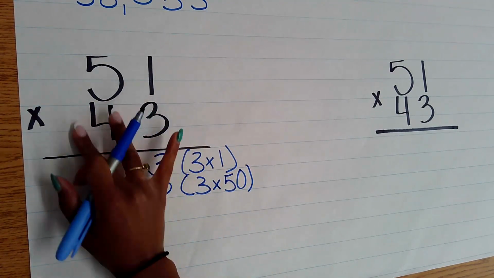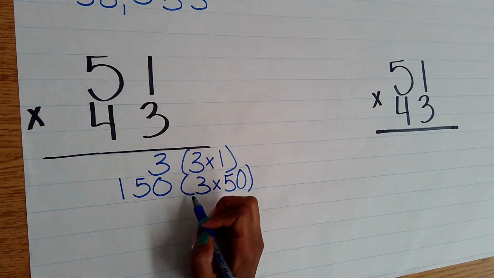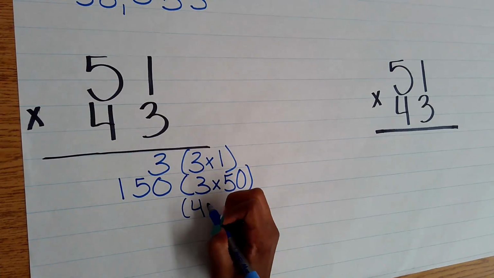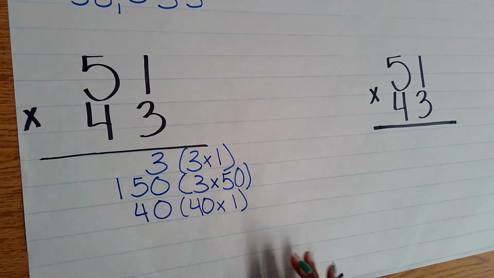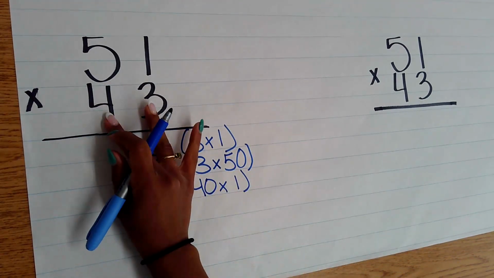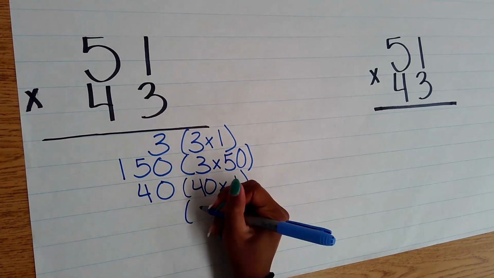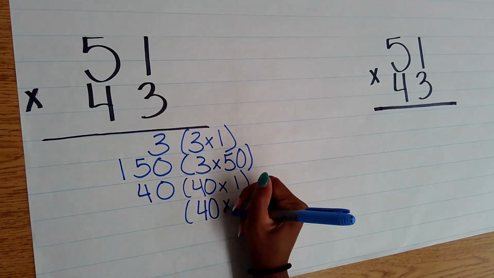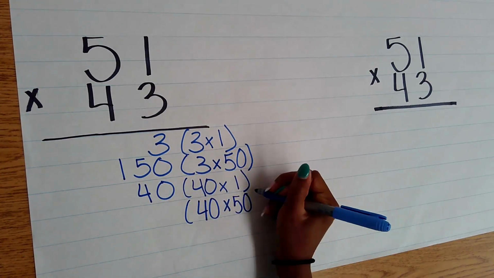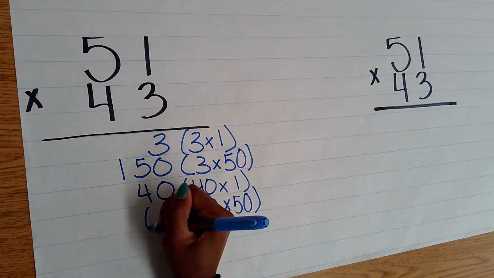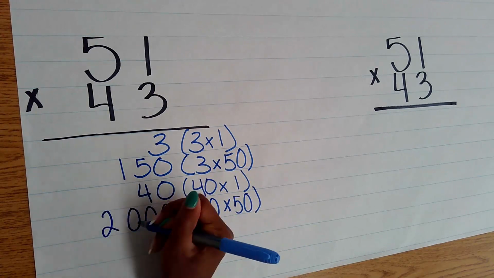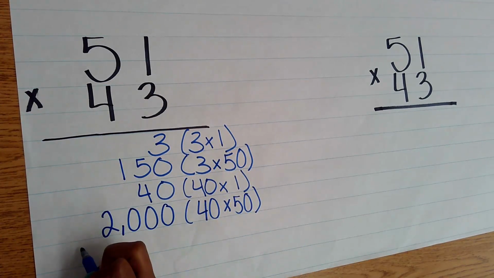I'm going to start with 40 times 1, which would give me 40. And then I'm going to take my 40 and multiply that by 50. So I know my 4 times 5 is 20. 2 zeros to give me 2,000.